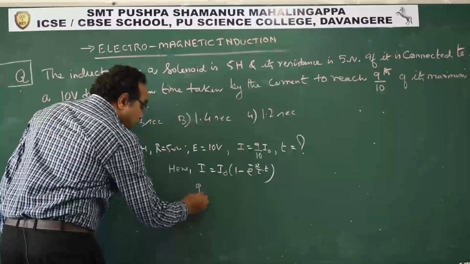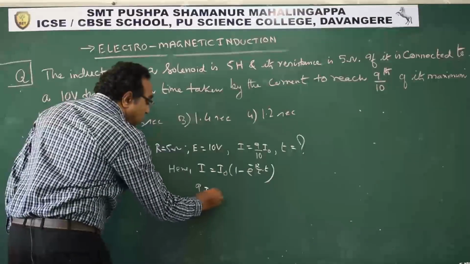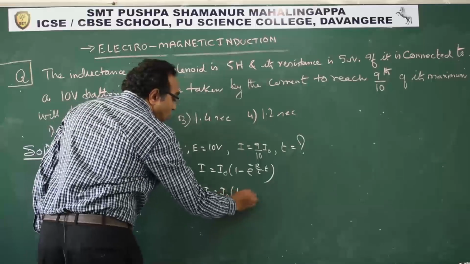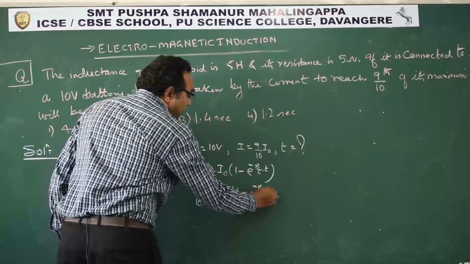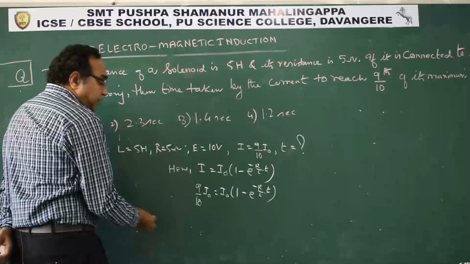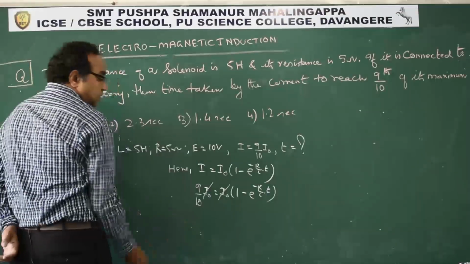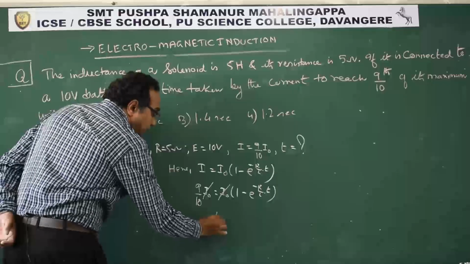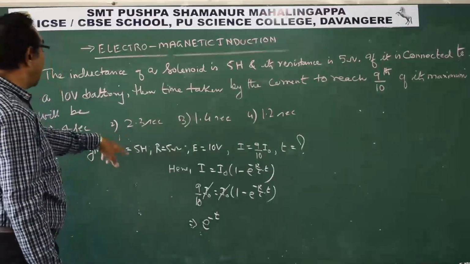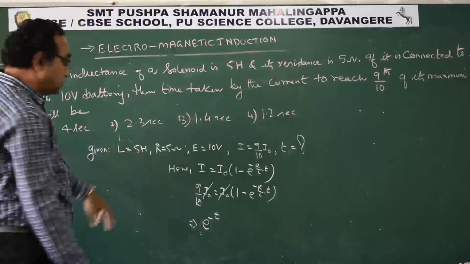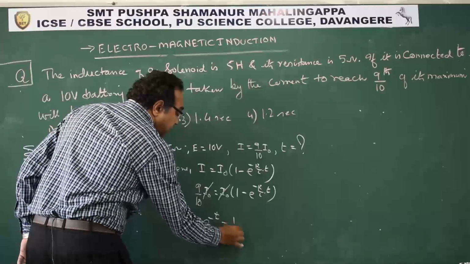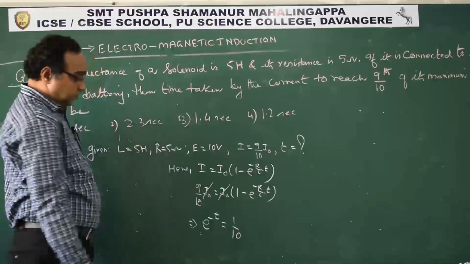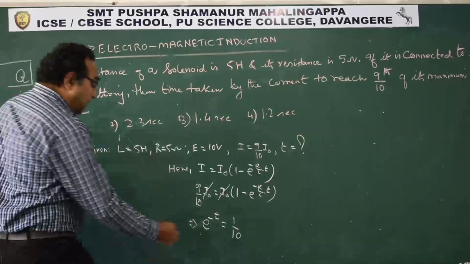So I is what? 9/10 of I naught is equal to I naught into 1 minus e raised to minus r by L into t. So simplify this, I naught cancels, so we get e raised to minus t, because r by L is 1. So we can write e raised to minus t is 1/10. Now take log on both sides.